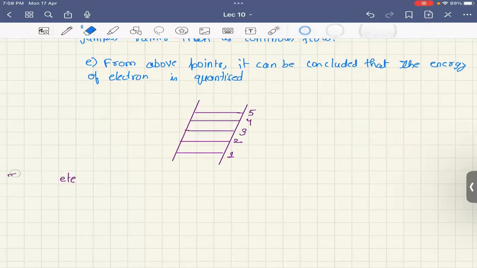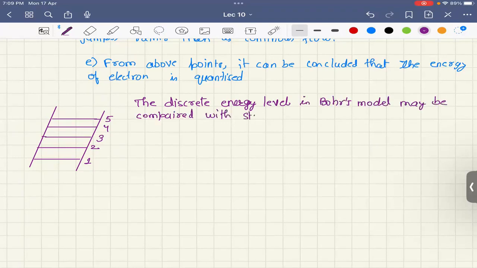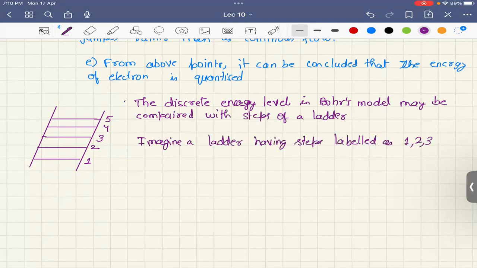So the discrete energy levels in Bohr's model may be compared with the steps of a ladder. Imagine a ladder having steps labeled 1, 2, 3, and so on.